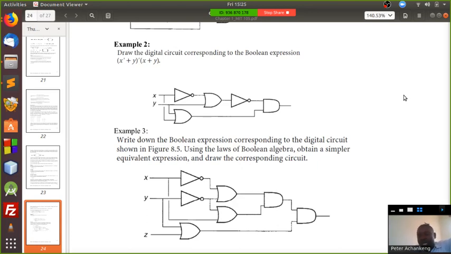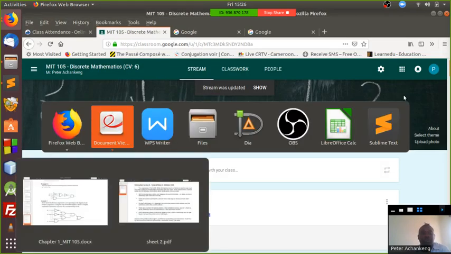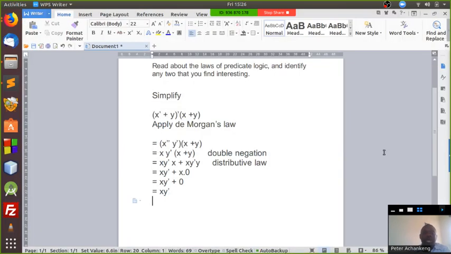Now I want you to notice that the example I asked you to simplify some moments back was actually for that circuit. It was a Boolean expression, and the output was, can somebody remember the output? The answer was x, y prime.